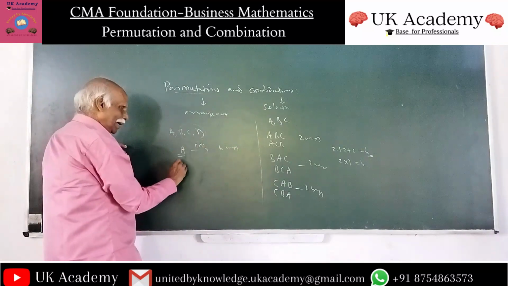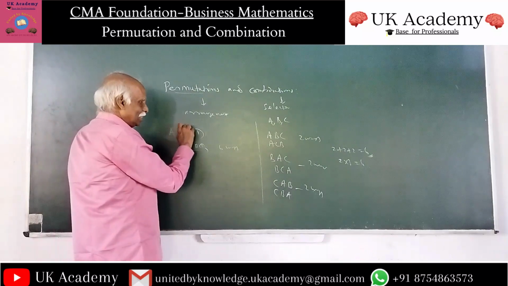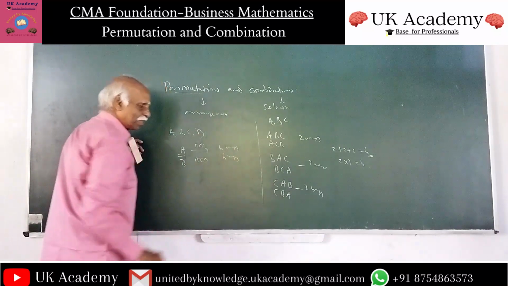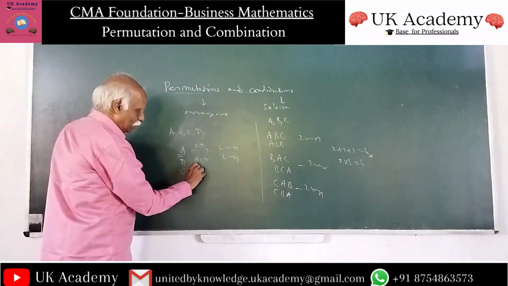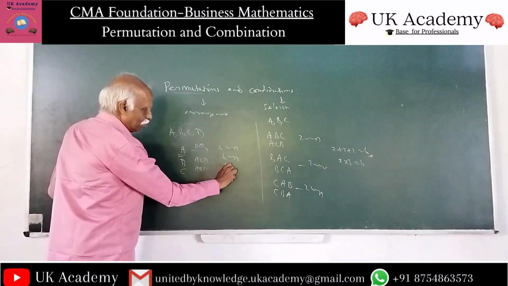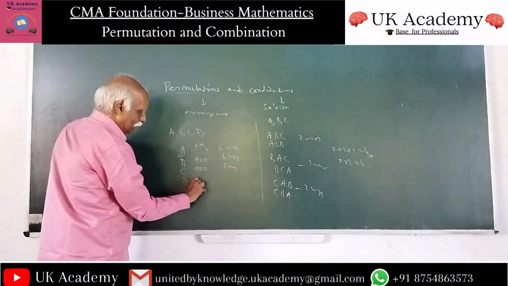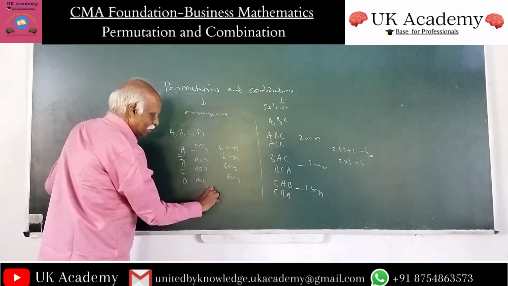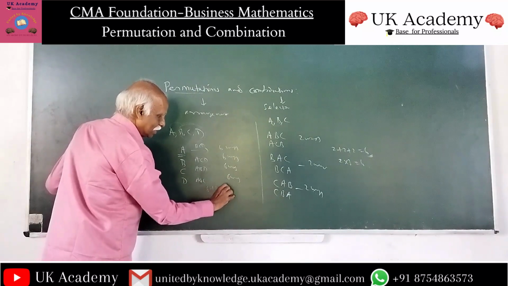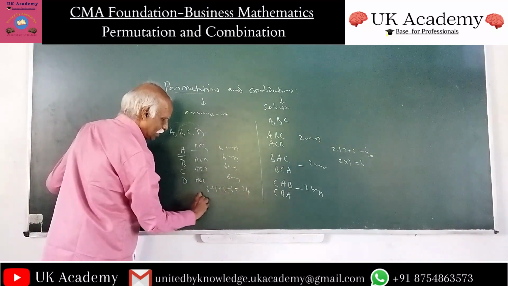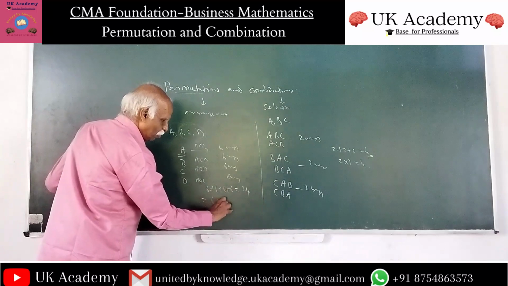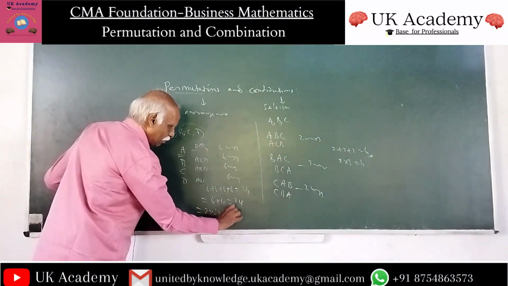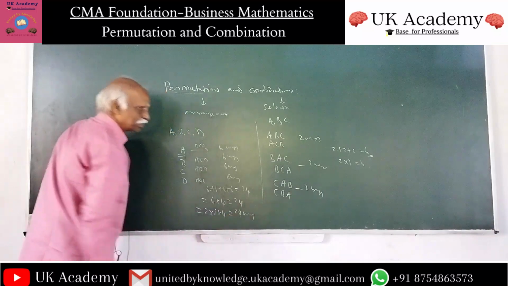Now keeping B in the first place, I can arrange the other 3, A, C, D, in 6 ways. Similarly, C in the first place, I can arrange A, B, D in 6 ways. And D in the first place, I can arrange A, B, C in 6 ways. That is 6 plus 6 plus 6 plus 6, 24 ways. That is 6 into 4, 24 ways. 2 into 3 into 4, 24 ways.